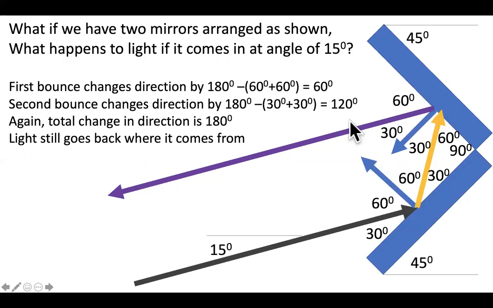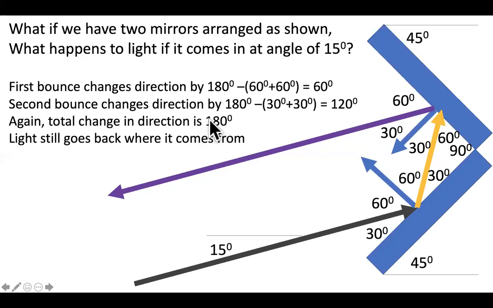The next bend, this to this, is 60 degrees, but that means this light went through a bigger bend, so it's 180 degrees minus 30 plus 30, that amounts to 120 degrees. So that was a bigger bend. So we go through a 60-degree change in direction, followed by a 120-degree change in direction.